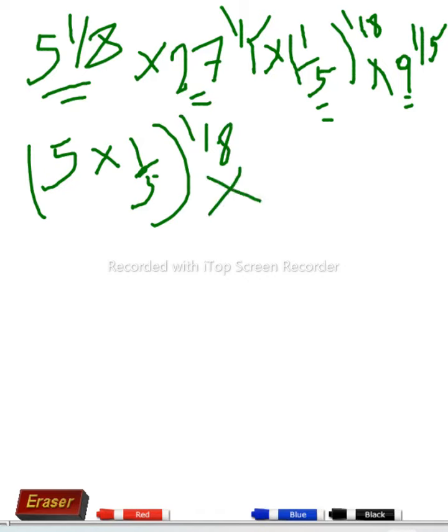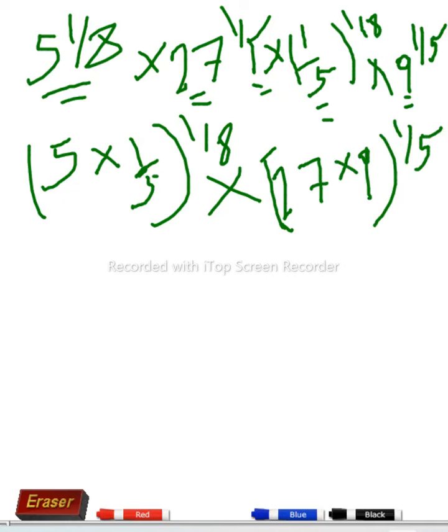Again, bring together 27 and 9. Since they have the same exponent 1 over 5, we can multiply the numbers under a common power. 5 times 1 over 5 is 5 over 5, which is 1.